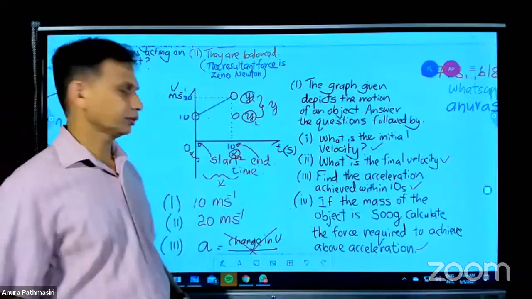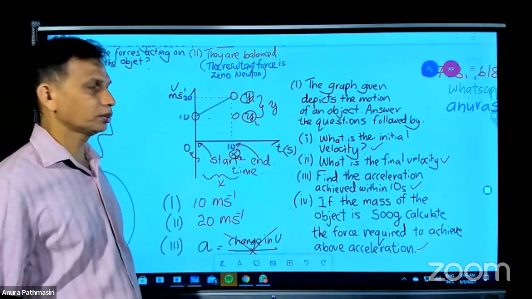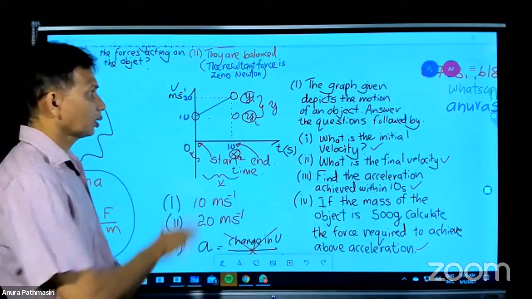You need to have 0.5 Newton force. Then only it increases.